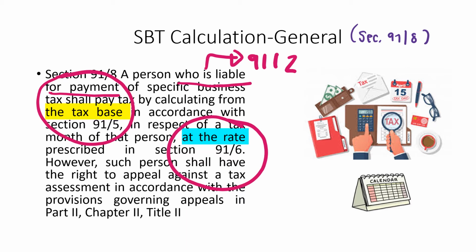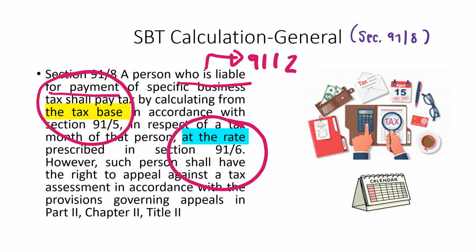Section 91/8 combines what we have learned before in one provision. If you are a person liable to specific business tax under section 91/2, for example, if you conduct a banking business, you need to calculate your specific business tax from the tax base. What is the tax base? We discussed the tax base in section 91/5, right?